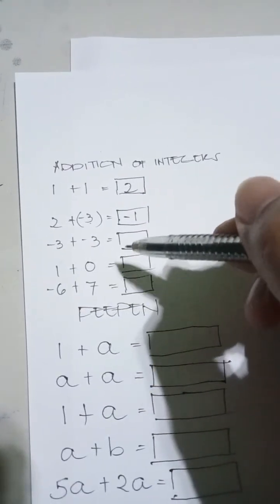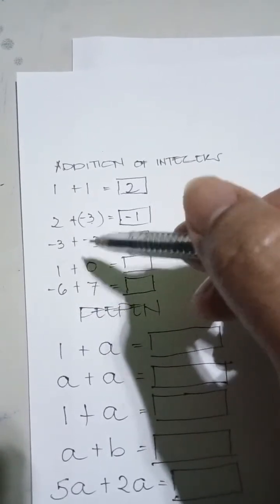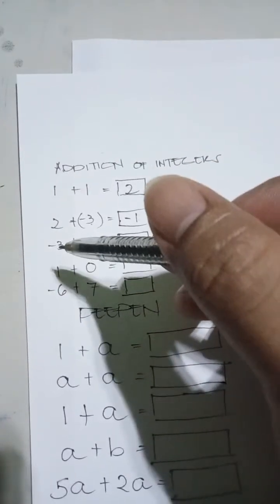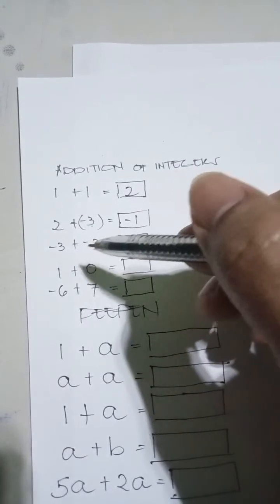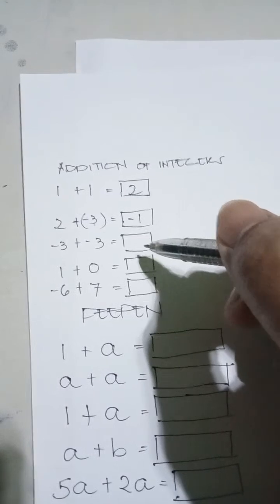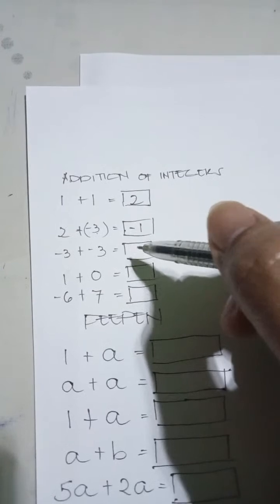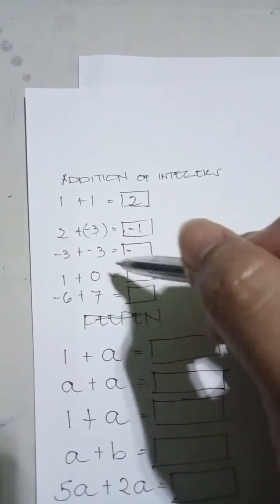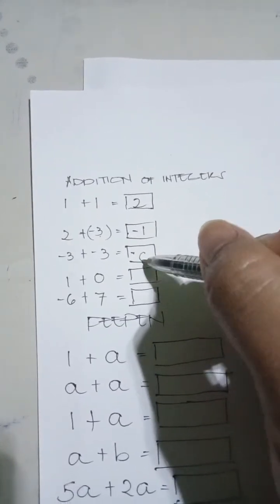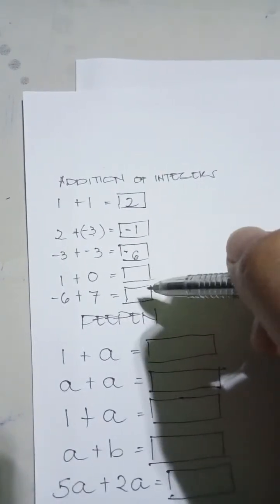In this case, you add the numbers and copy the negative sign, the sign of the numbers. 3 plus 3 is 6, so negative 3 plus negative 3 is negative 6.